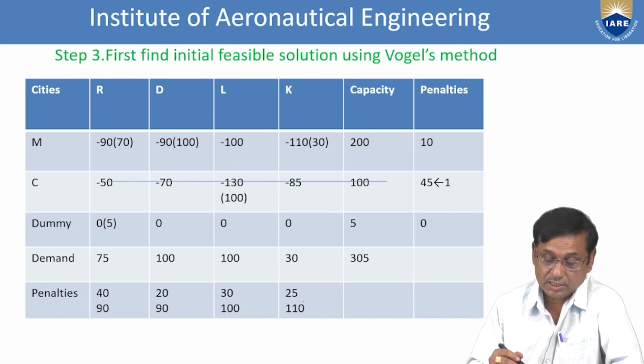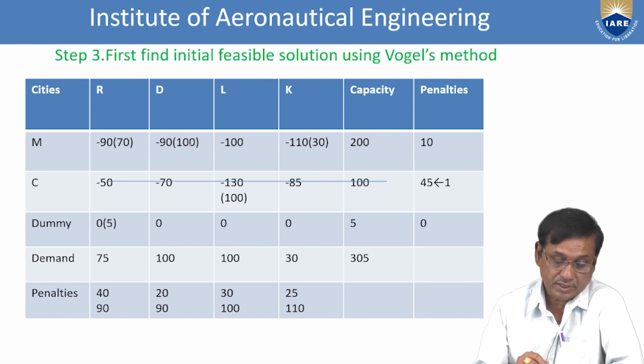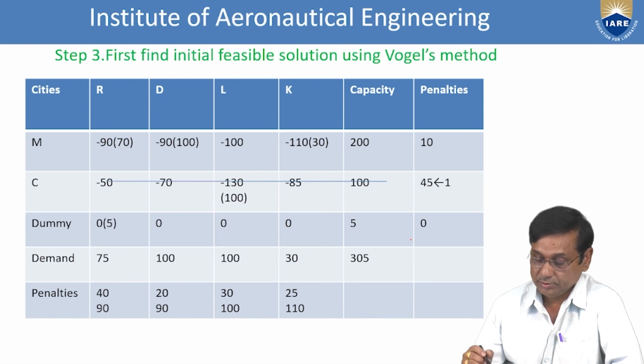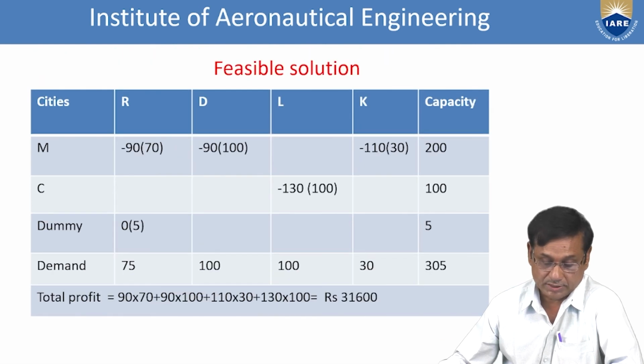So now select the highest penalty, and corresponding to the highest penalty select the lowest element and allot as much as possible. The lowest element is minus 110, we can assign 30 units here. Here we can assign 100 units, we can assign 70 units. So 5 units are left over, that 5 is also assigned. So this is the final allocation.